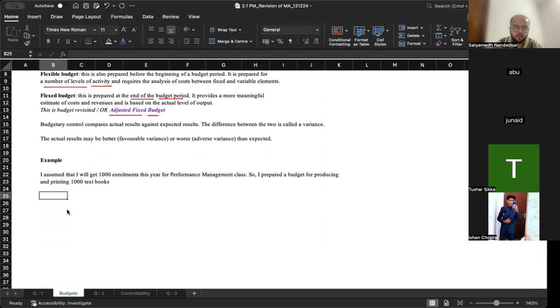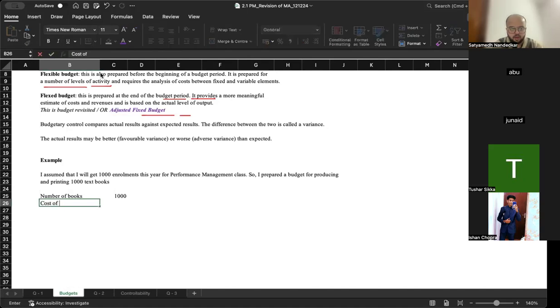So if I were to prepare my fixed budget, I will first of all write down the number of books. Number of books is 1000. Then cost of paper is say 80,000.